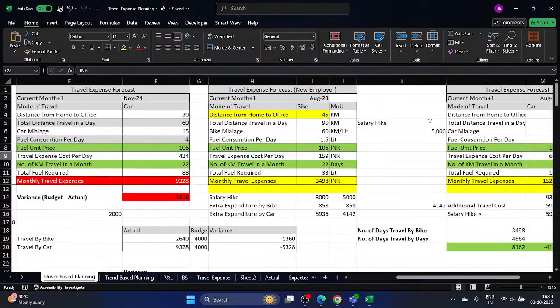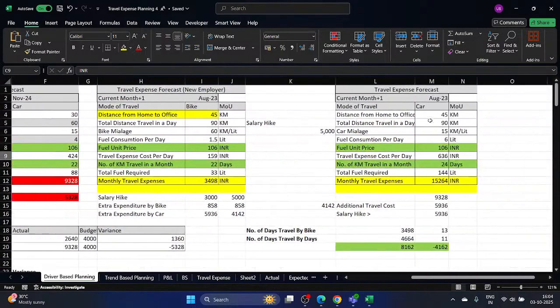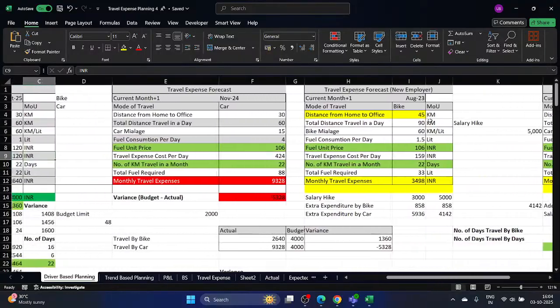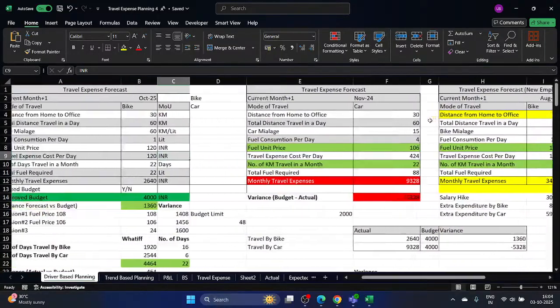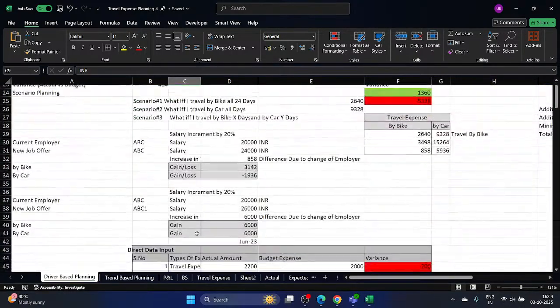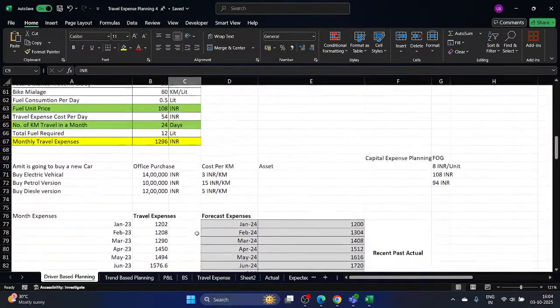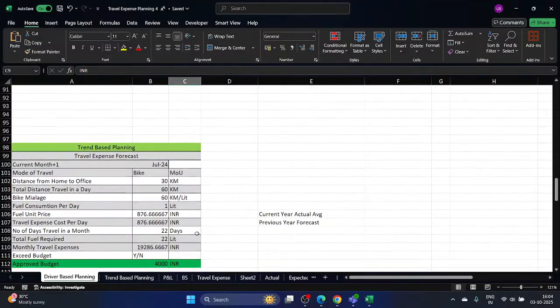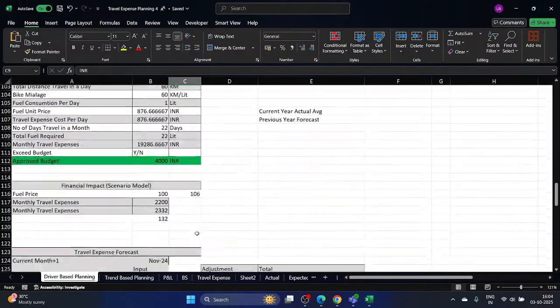So we discussed both the things, but the concept of a driver is the calculation which would be totally based on it. So for this I could say some drivers.